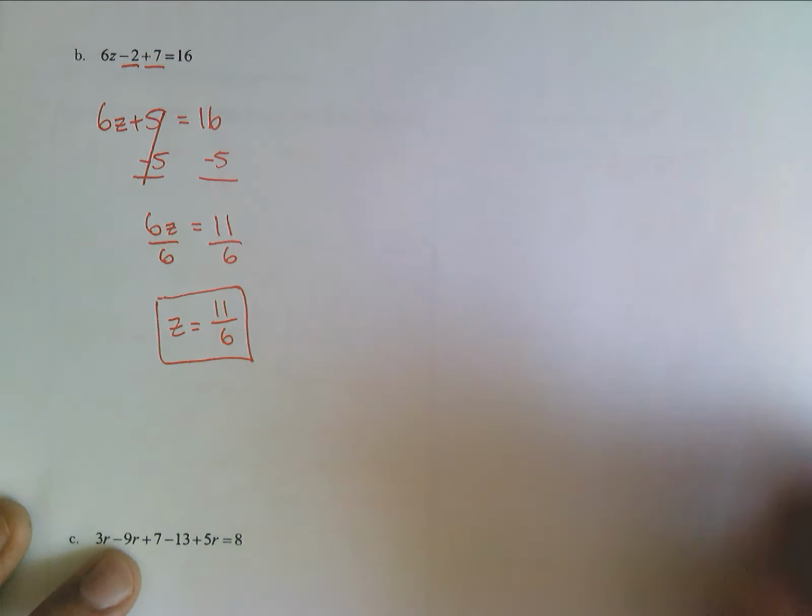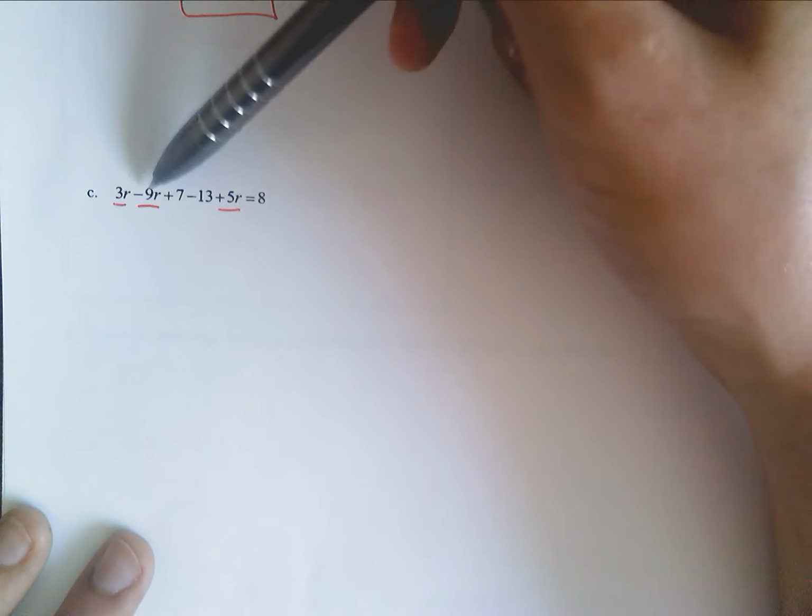Let's try one more example. So looking at this one here, we combine like terms. I see we have a 3r. We've got a minus 9r. And we've got a 5r. That's all the r's. So let's go ahead and combine those. We have 3r minus 9r plus 5r.